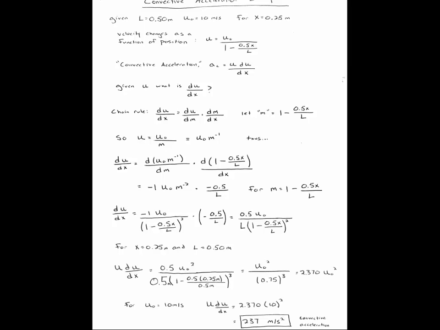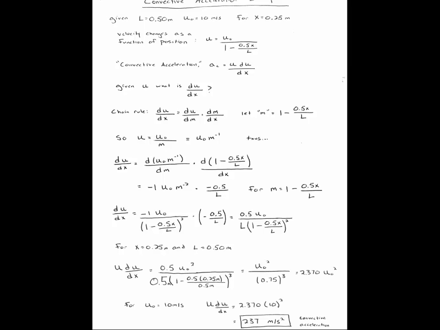So what we end up with is u equals u naught divided by m, which is the same as u naught times m to the minus 1 power. We've just done this substitution. The whole denominator we're calling m, and since it's in the denominator, that's the same as m to the minus 1 power.